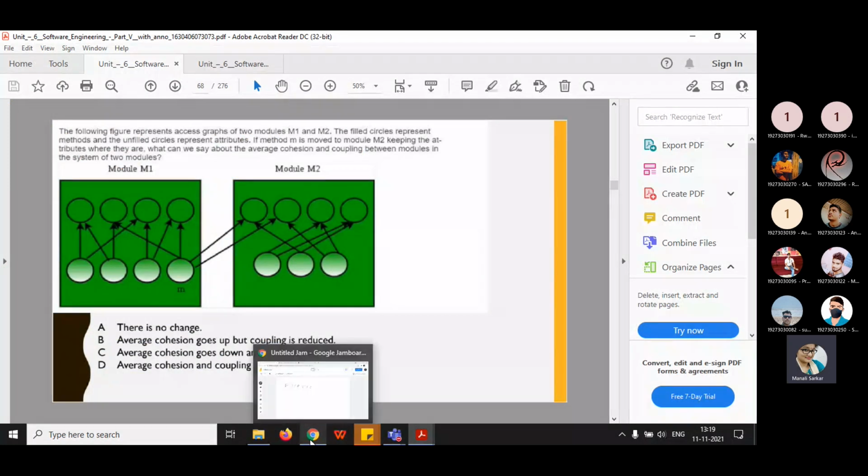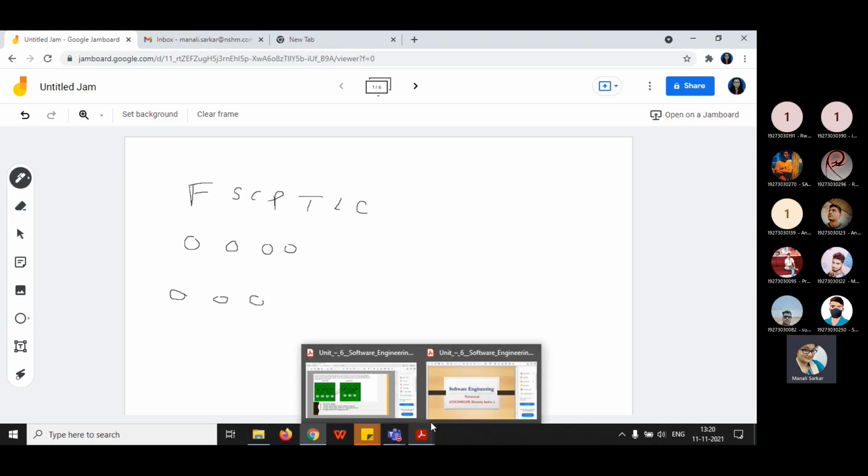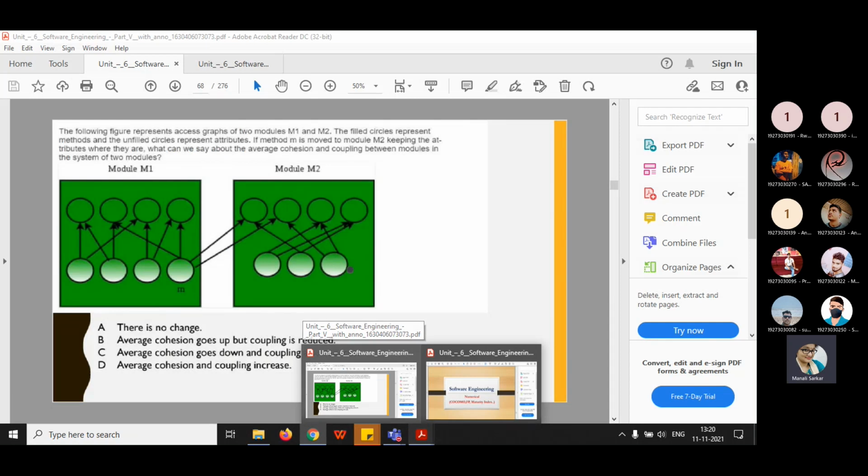So see this diagram. Module M1 has these methods in the upper part, and module M2 is like this.